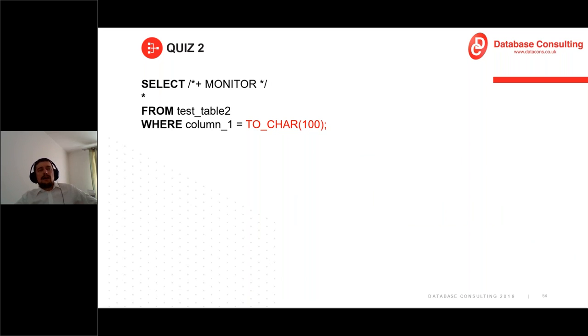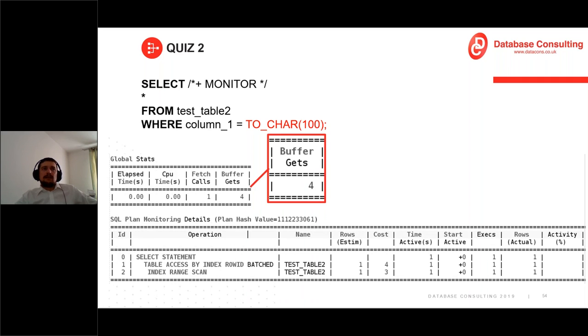We can explicitly convert the predicate 100 to the data type of column 1, so make it char. And when we look at the results, we will find out that now the index is used and buffer gets are at a much lower level.